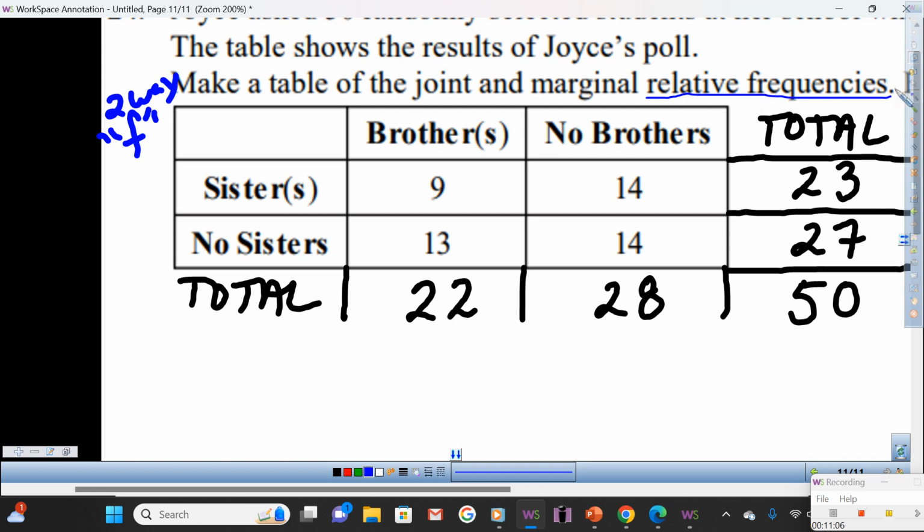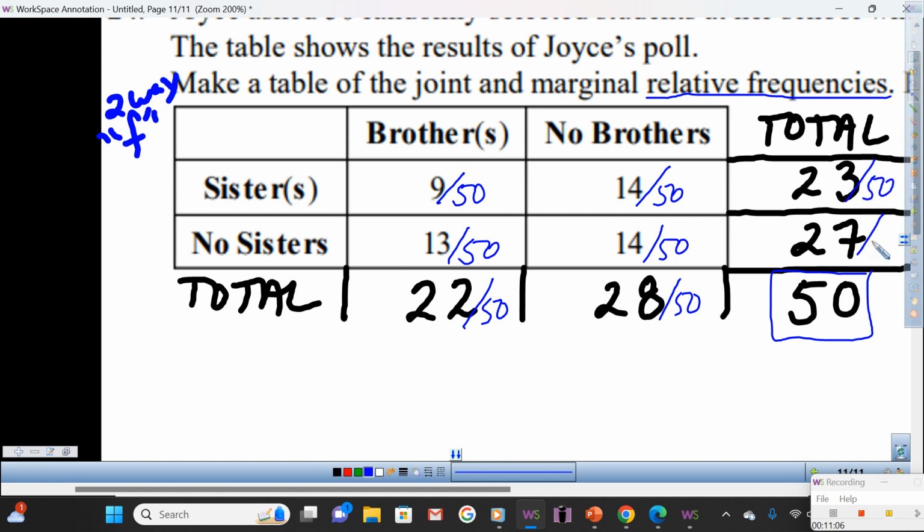That's when we divide each of these cells by what? The total of the totals. That is correct. So in here, you're going to do 9 divided by 50, 13 divided by 50, 22 divided by 50, 14 divided by 50, 14 divided by 50, 28 divided by 50, 23 divided by 50, 27 divided by 50, and you need a decimal equivalent for all of those.